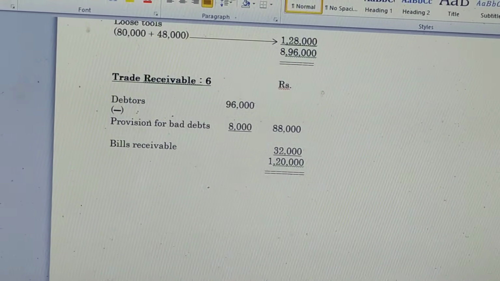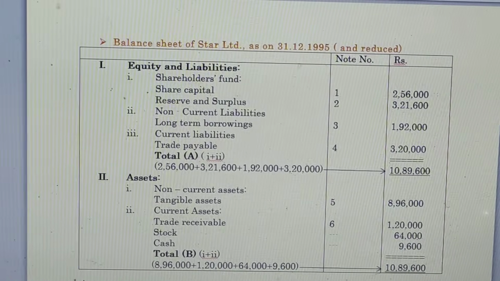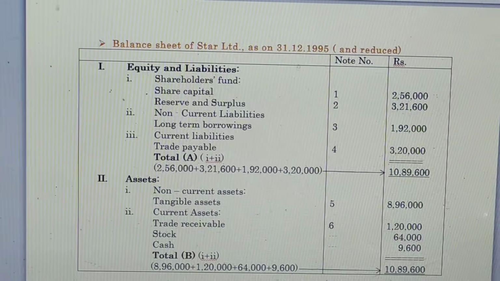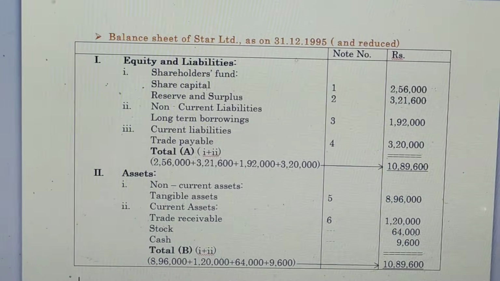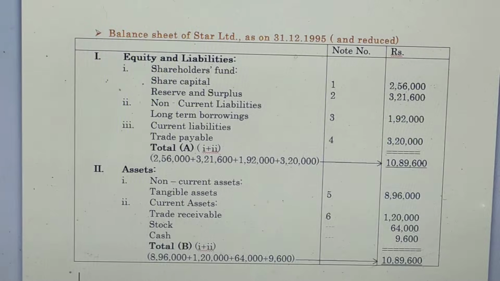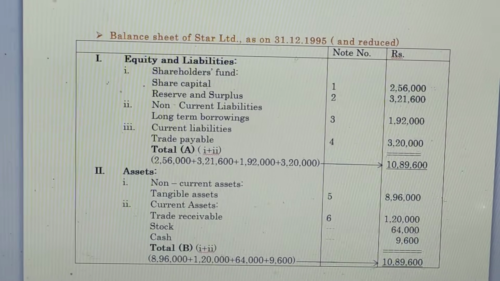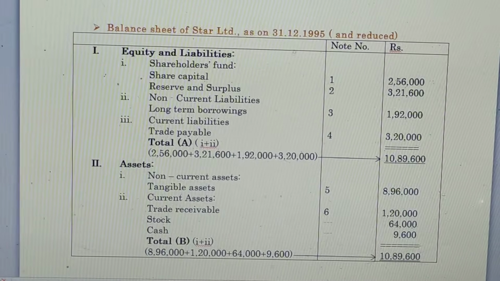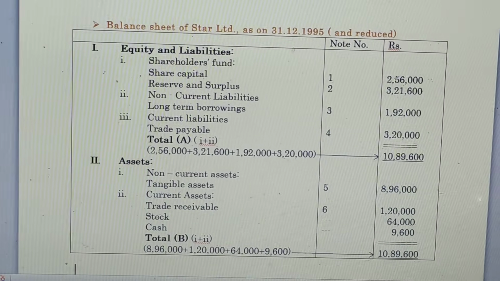And we are going to prepare the balance sheet of Star Limited as on 31st December 1995, and reduced. It means capital reduced. First we have to mention the equity and liabilities in the particulars column. Then we have to mention the shareholders funds.